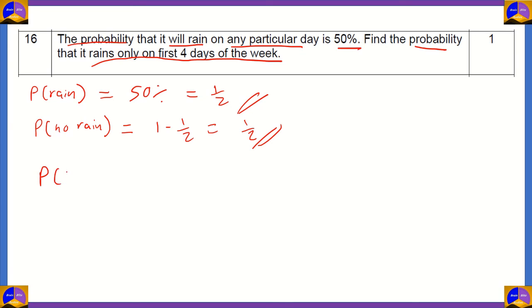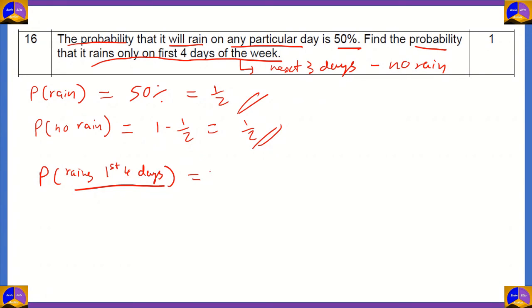So P of rains on the first 4 days. What does this condition mean? The condition means that the first 4 days of the week will be rainy and the next 3 days have no rain. So when we're writing the probability down, we must also look at that as well.